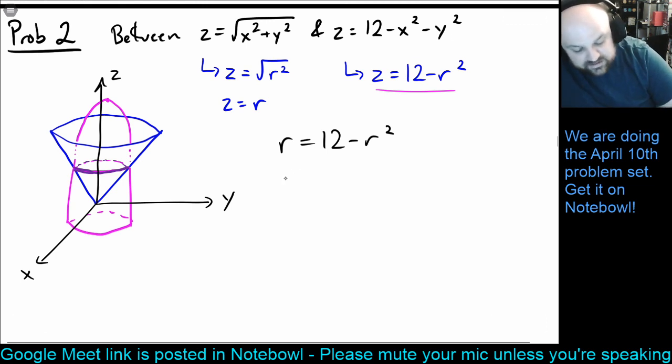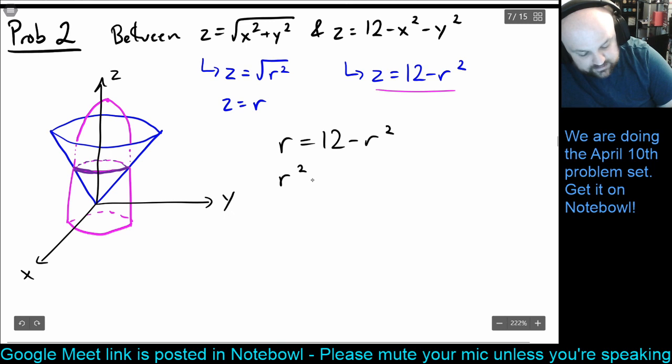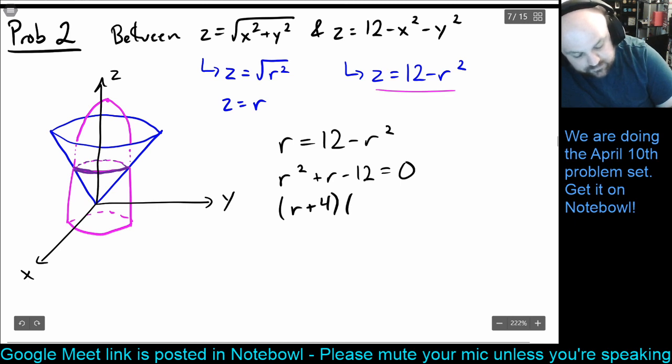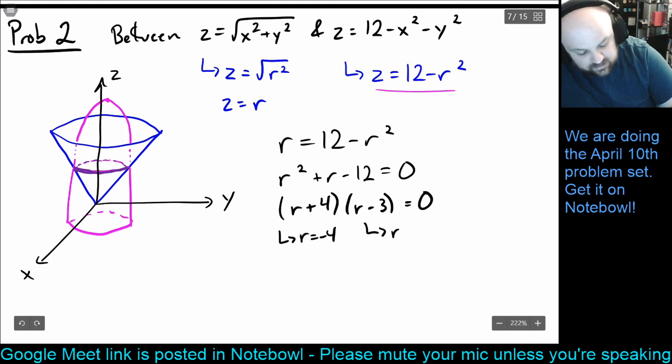If I want to solve this, I have r squared plus r minus 12 equals 0. So I can factor this. I almost wrote x. (r plus 4)(r minus 3) equals 0. So I get two things. I get r equals negative 4, and from here I get r equals 3.